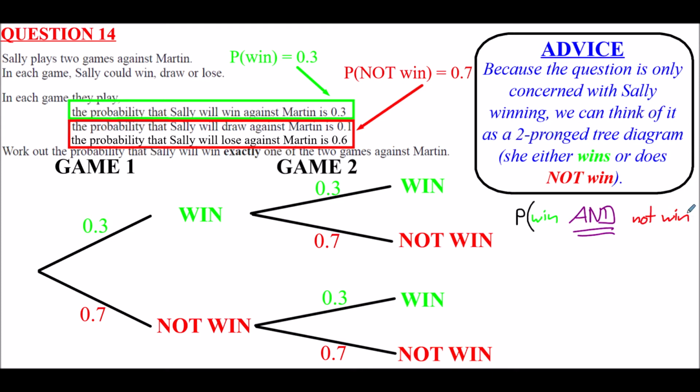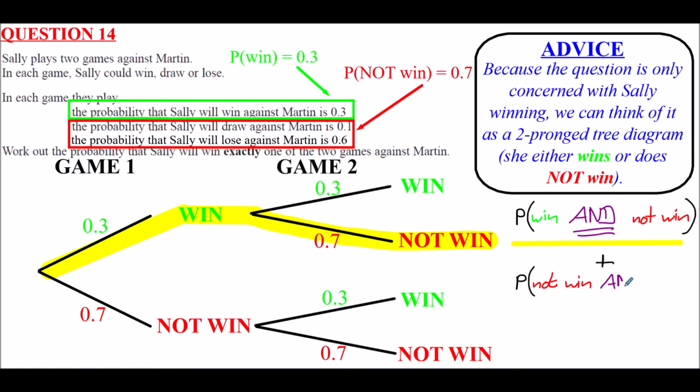So doing that would be the route I'm going to show you here. So she could win there and then go and not win for the second game. Or, if it's or, we can add, it's also a probability that she could not win the first game and then, so a big and.